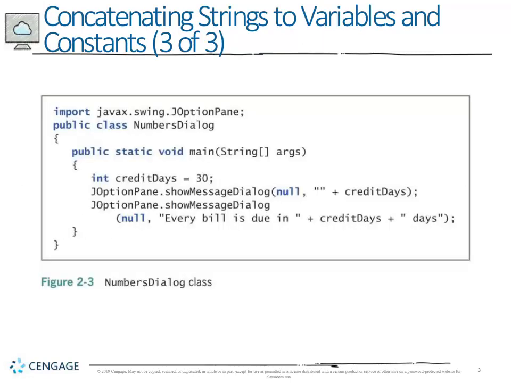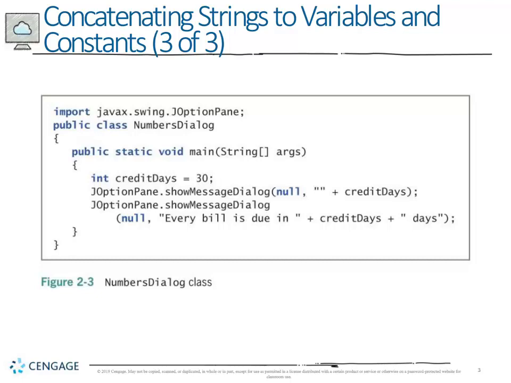Let's see an example of how to concatenate strings with variables and a constant. In this example, the first argument to the JOptionPane showMessageDialog method, we have a statement JOptionPane.showMessageDialog. Then the first argument is null. So we can have an instance of JFrame, but for some reason you don't have to reference a JFrame or JWindow instance.